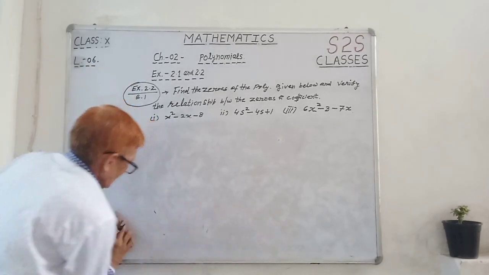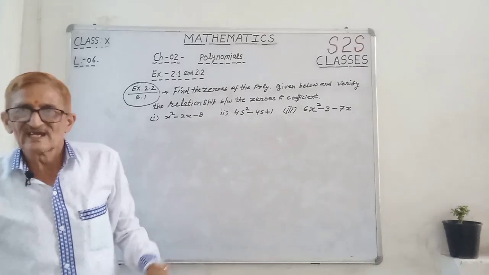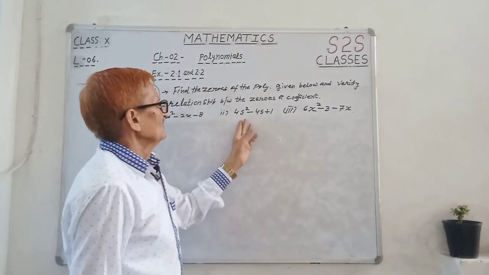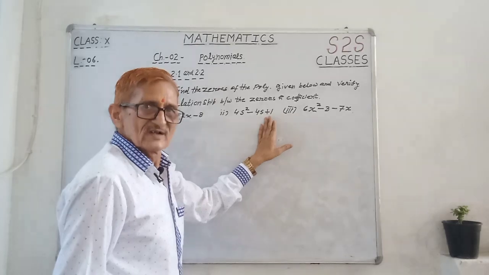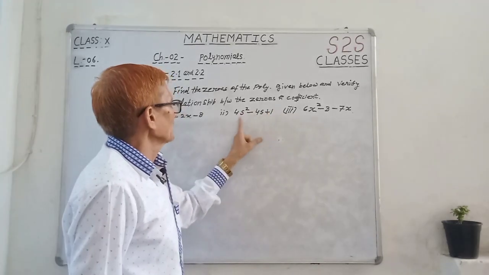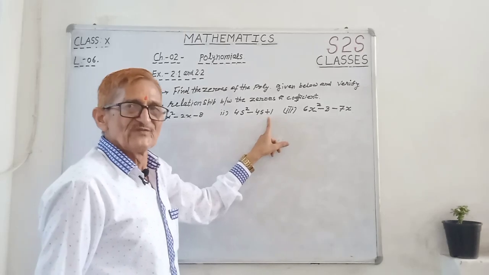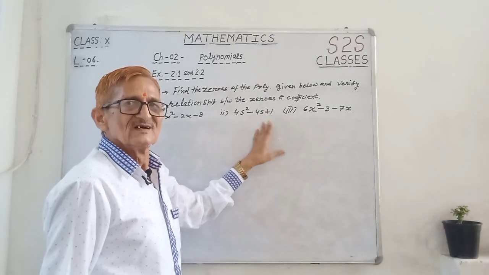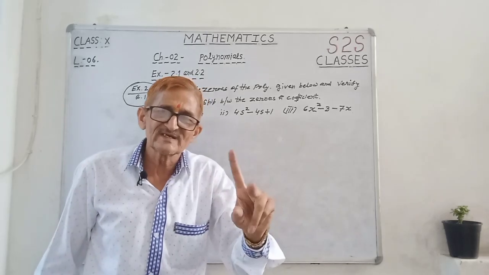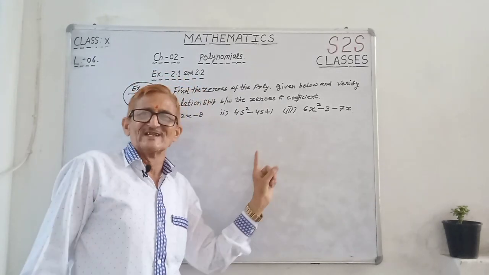Second is this. Here the x variable is written as s variable, same thing. So the product of 4 and 1, a into c, is 4. Make two such factors of 4 whose sum is -4. 2 times 2 is 4, but -2 and -2 both we have to take, then the sum will be -4.